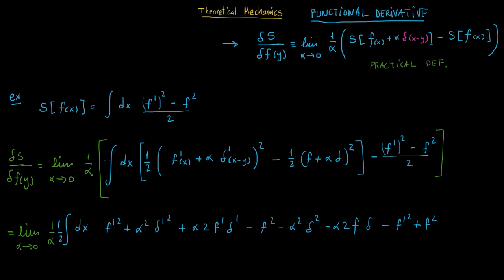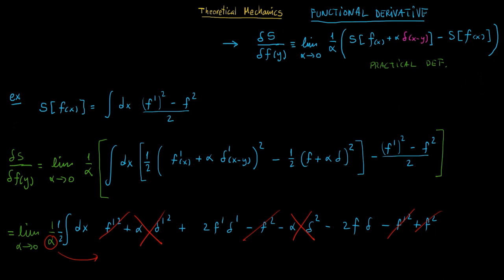So we can cancel out this f prime squared with this, and this with this. And if you enter this alpha here, then this square vanishes, this alpha vanishes also, this square and this alpha. And if we set alpha equal to 0, then this term is going to disappear, this term also.